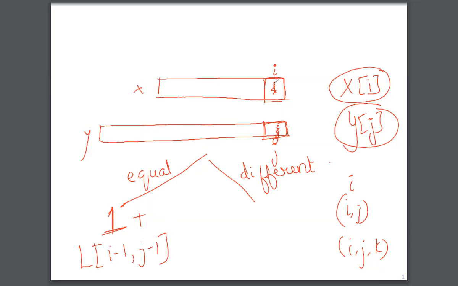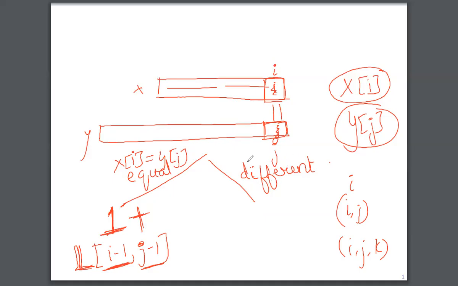Because if they are equal here, you can consider those characters, so 1 plus the remaining x and the remaining y. That is the first I minus 1 characters of x and first j minus 1 characters of y. Take the longest common subsequence of those. Make sense? So if they are equal, that means x of I is equal to y of j.